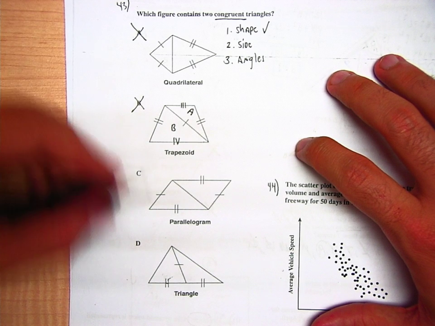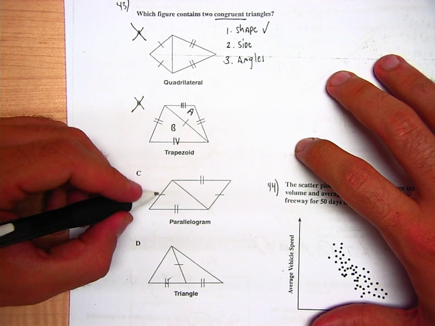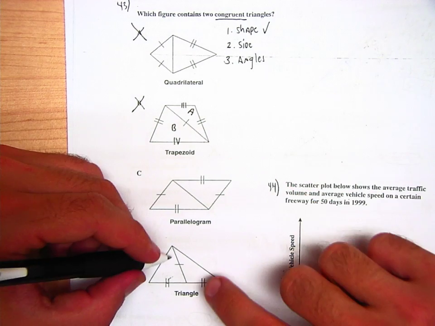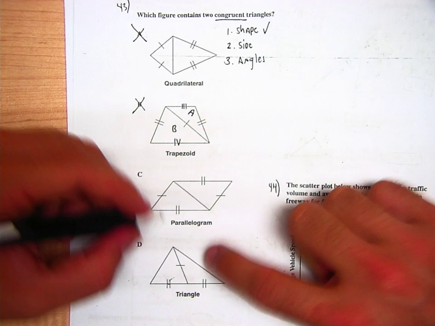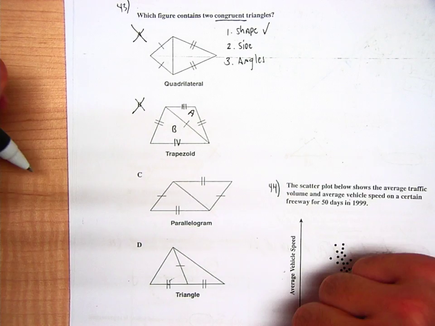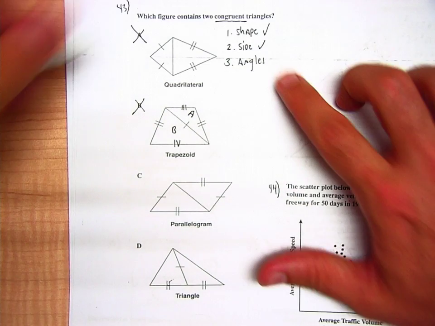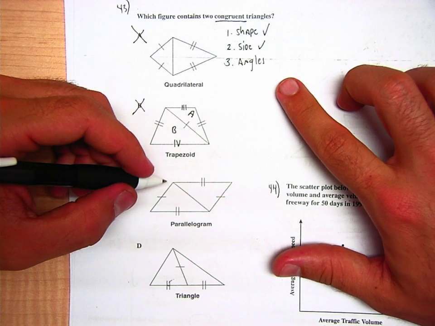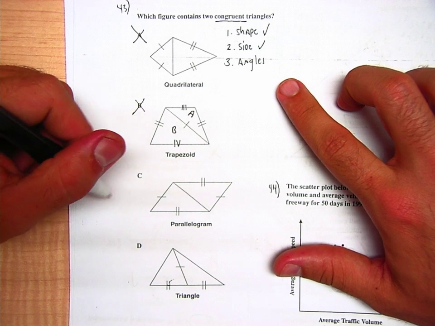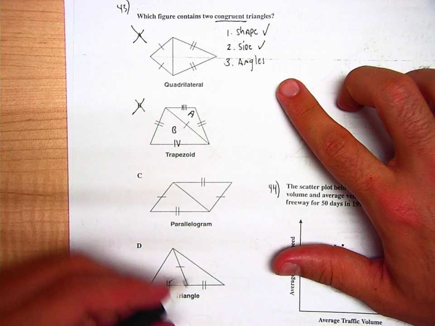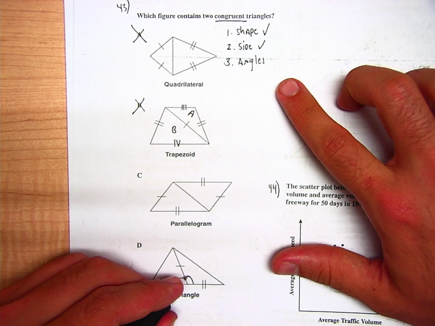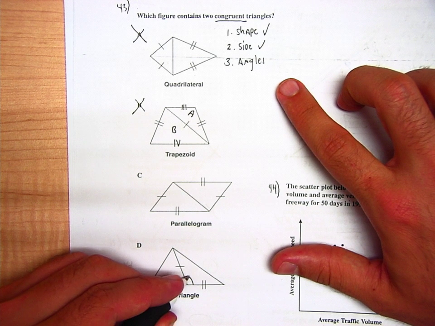If I look at both C and D, I can see that both have a short leg and a long leg, and I'm trying to figure out which is made of two congruent triangles. So now I need to look at angles. I can tell pretty clearly that this triangle in D is an obtuse triangle because this angle is greater than 90 degrees.